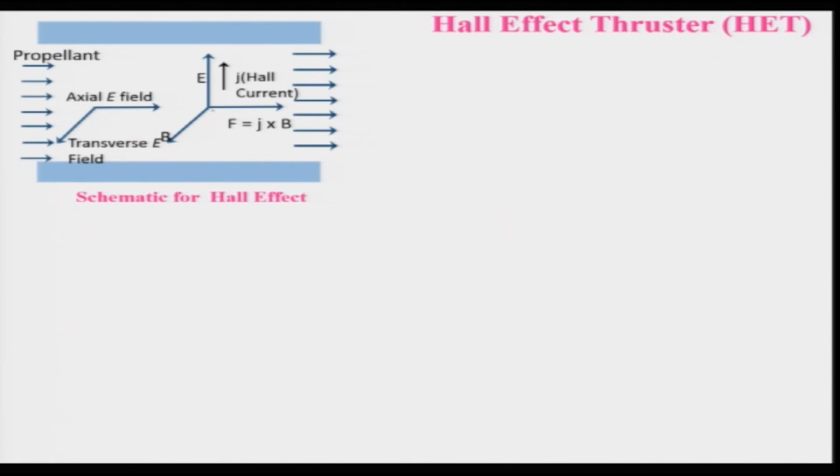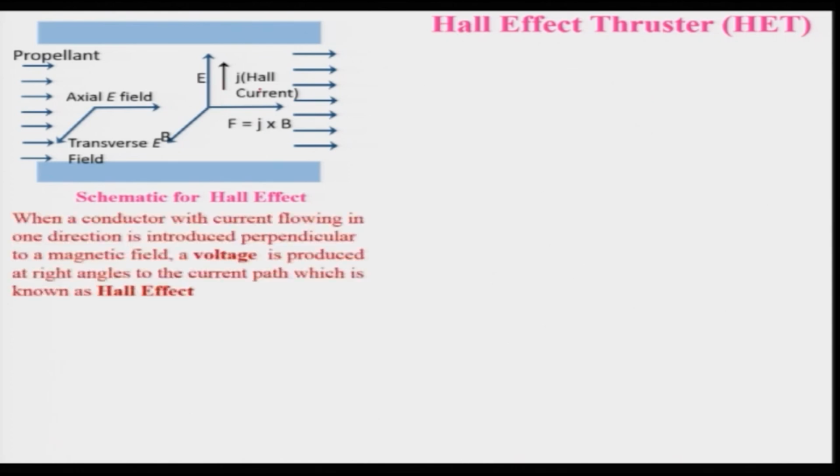It is subjected to the electric field E, and it is also perpendicular to the magnetic field. There will be a current which is passing through, that is known as Hall current, and the force will be a product of J into B.